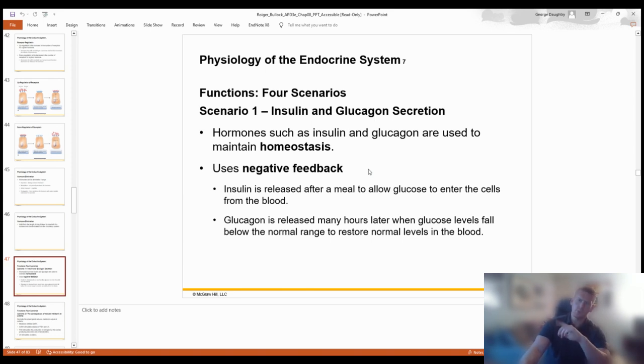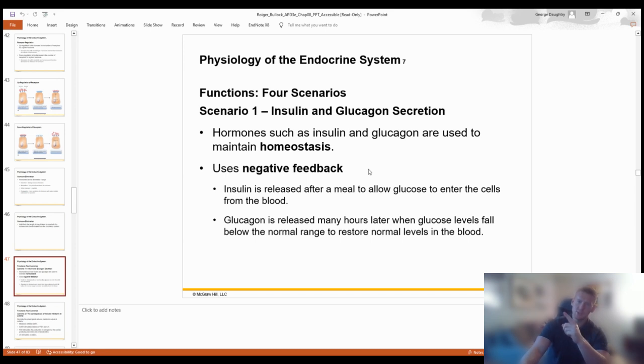There are some case studies and scenarios that I want you to work through on your own time. I'm not going to go through all 4, but scenario number 1 is referring to insulin and glucagon secretion. Hormones such as insulin and glucagon are used to maintain homeostasis. Homeostasis of what? Blood sugar.